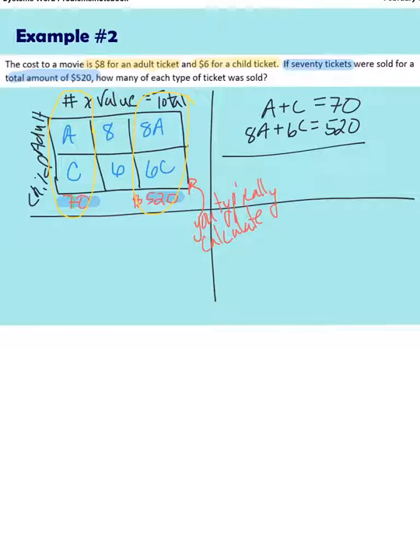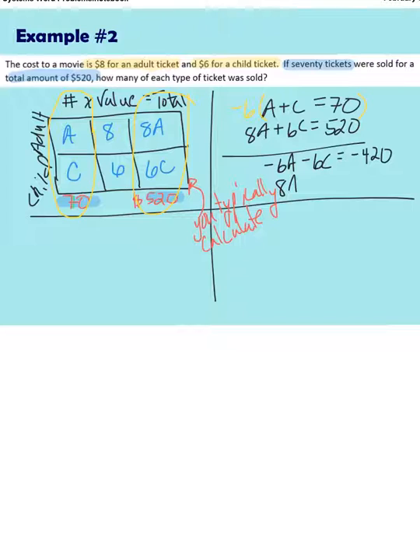All right, so hopefully you have solved your equation by now and figured out what your answer is. I'm going to finish going through this. I've decided that I am going to eliminate my C's. So I am going to multiply this equation by -6. I end up with -6A minus 6C equals -420.